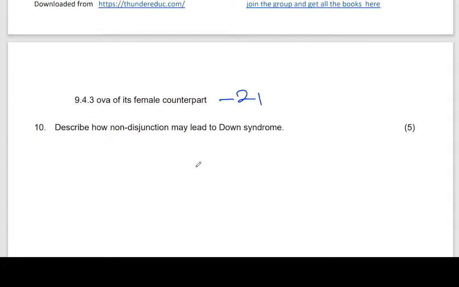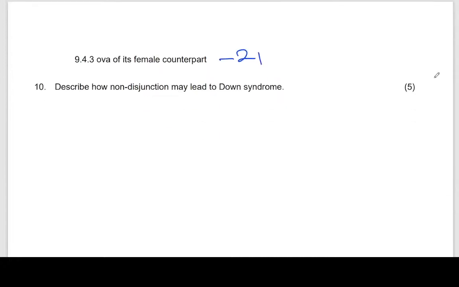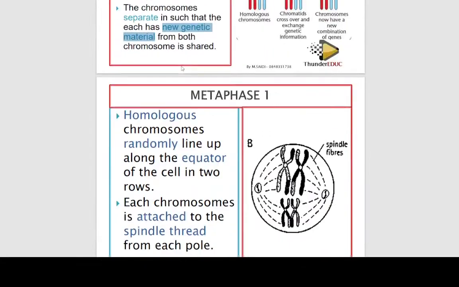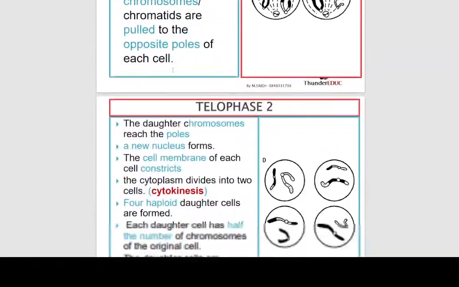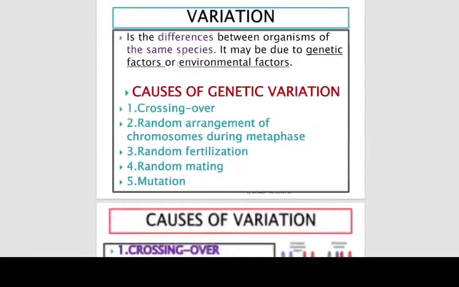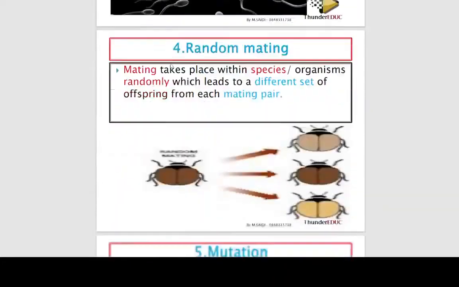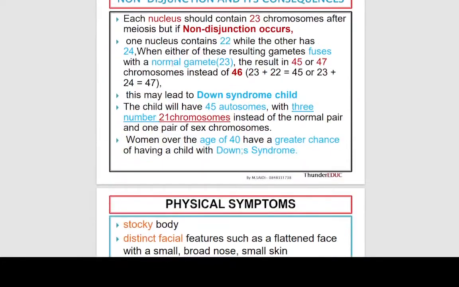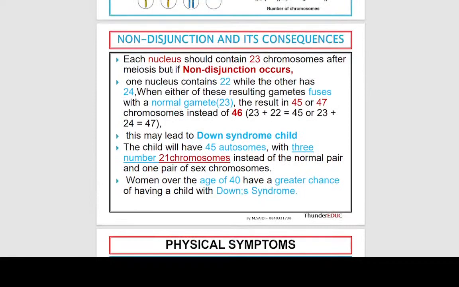Describe how non-disjunction leads to Down syndrome. 5 marks. I've explained this and I've shown you how to explain it. And I've shown you that when you use this book, nothing can stand in front of you. Here is the mark: each nucleus should contain 23 chromosomes after meiosis, but if non-disjunction occurs, 1 nucleus will contain more. I've explained this several times today.